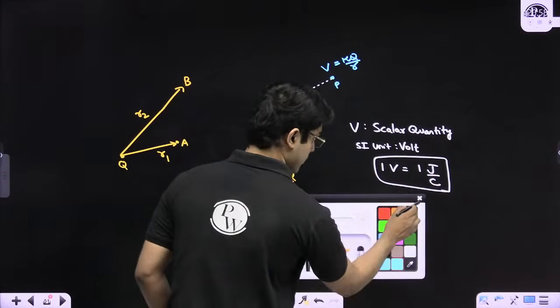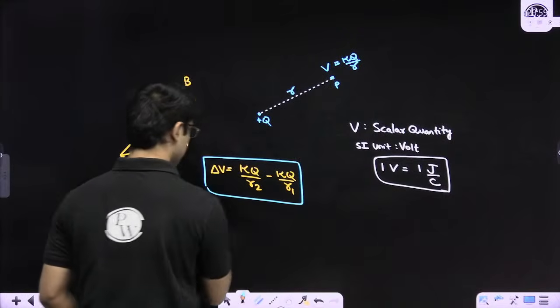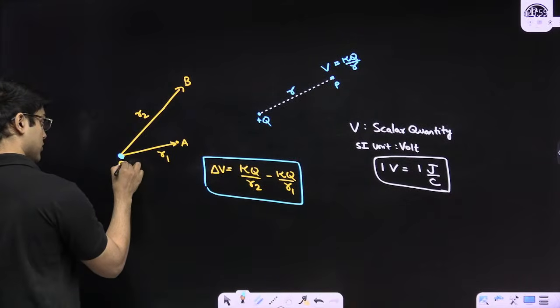All right. So this is how we write the potential difference due to a Q charge.